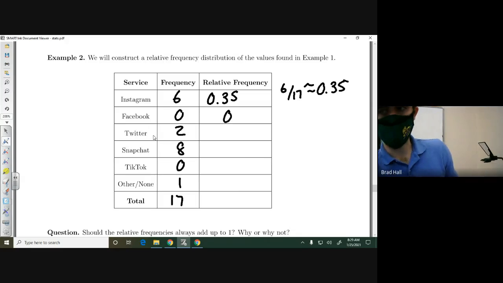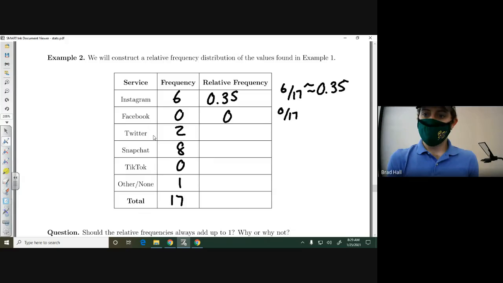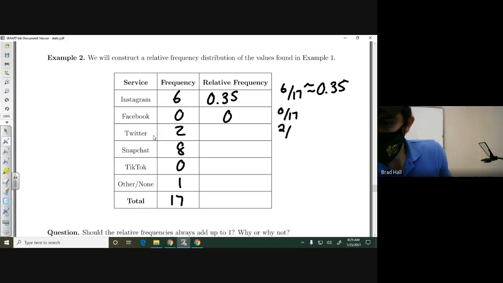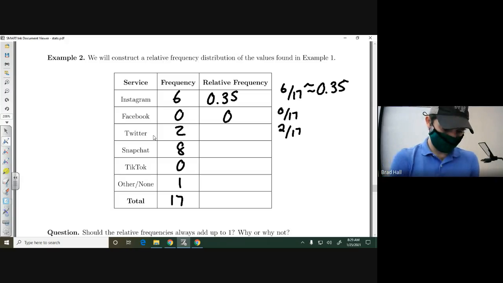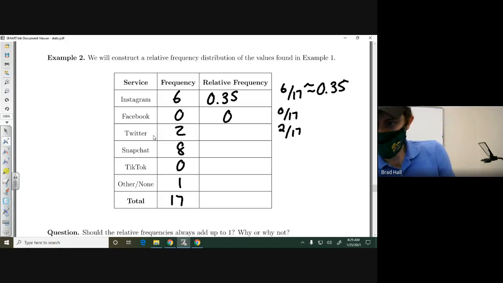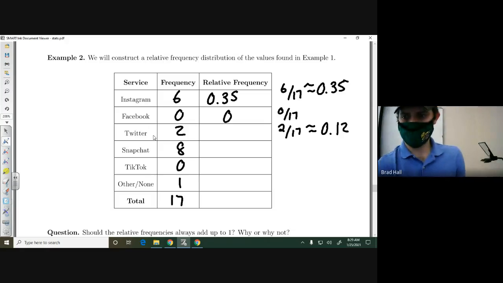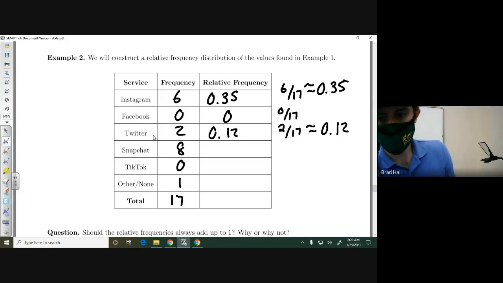Facebook, obviously that's 0, because that'll be 0 divided by 17. Twitter's the next one. So 2 divided by 17. You get 0.12. And we just keep going for each one. This would be the relative frequency.